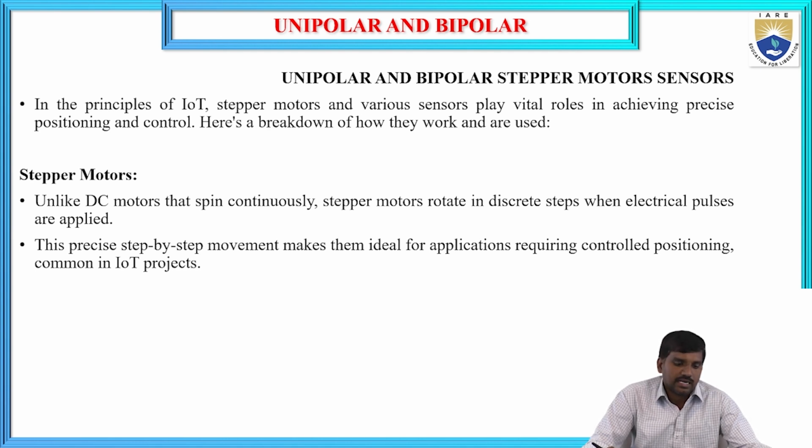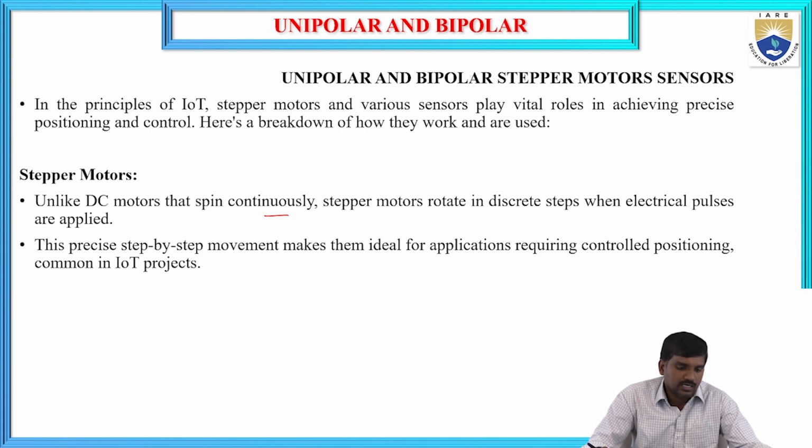Stepper motors, unlike DC motors, do not spin continuously. Stepper motors rotate in discrete steps when electrical pulses are applied. So when electrical pulses are applied as an input signal, the stepper motor rotates in discrete steps.